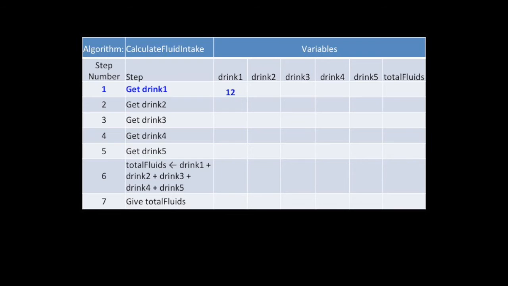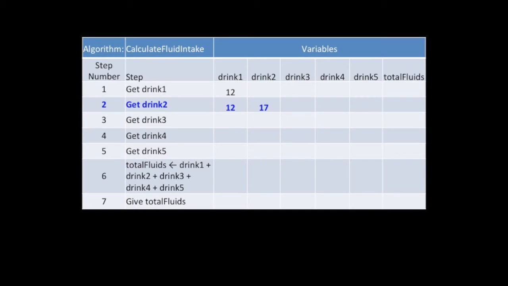So the first step involves getting drink 1. So let's say that my first drink was 12 fluid ounces. Now there's only a value for drink 1 because drink 2 through drink 5 and total fluids all remain undefined. There are just no values for those.